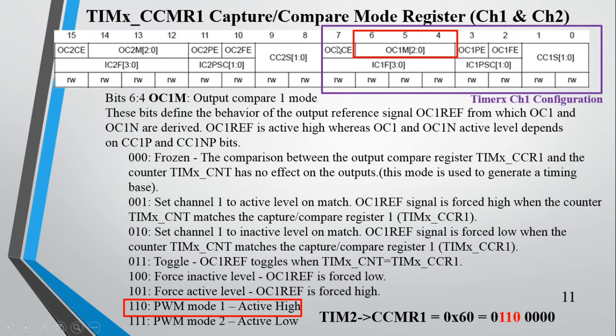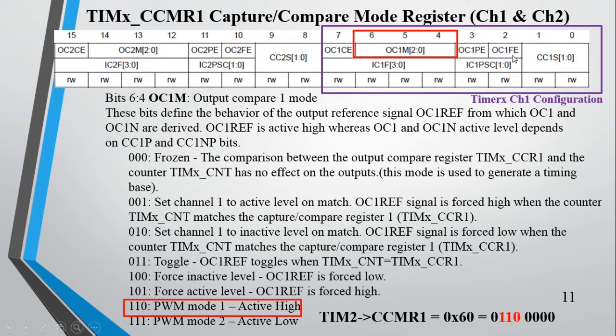Bits 0 to 7 are used for configuring channel 1, so in all those bits you can see a 1 because they are for channel 1. Bits 8 to 15 are used for configuring channel 2 of the timer, so a 2 is there in each of those bits. In my case I am going to configure timer 2 channel 1, so I am using bits 0 to 7 of CCMR1.